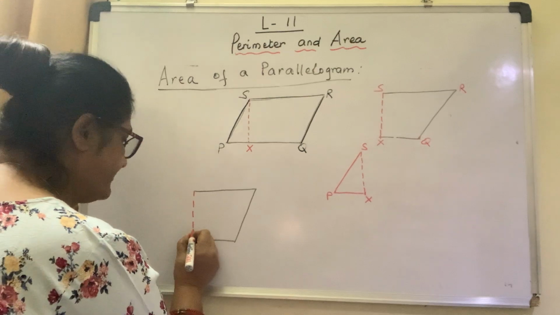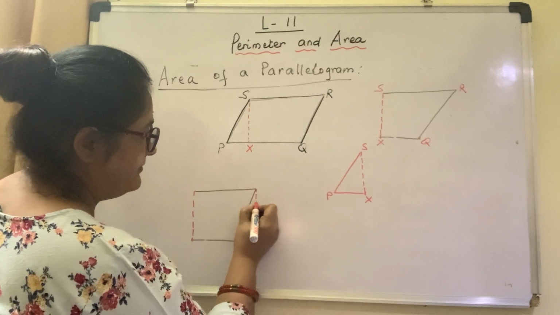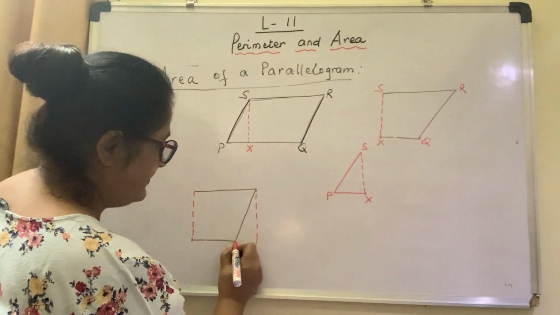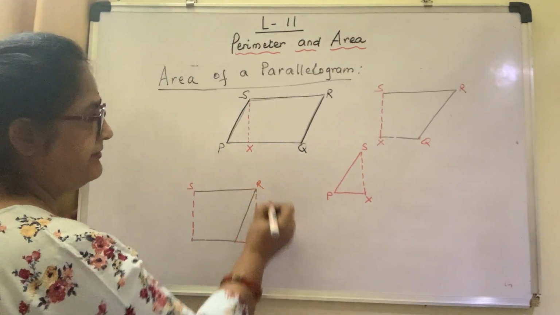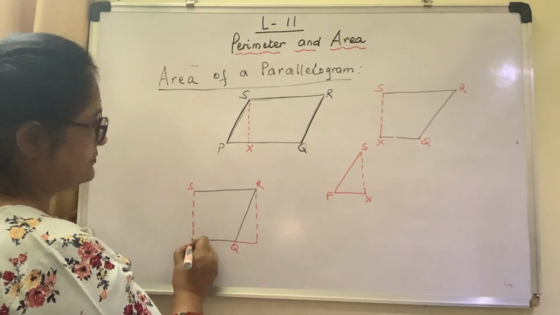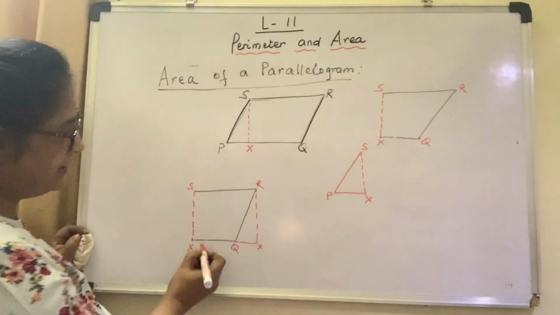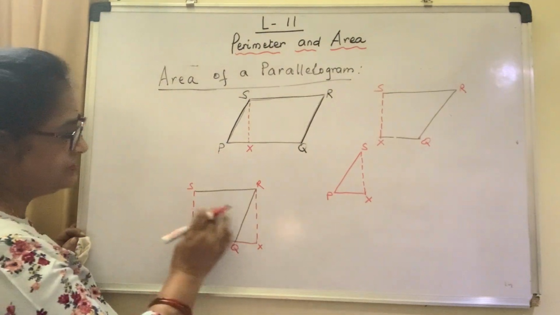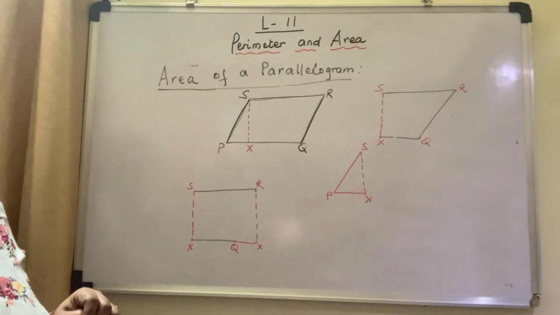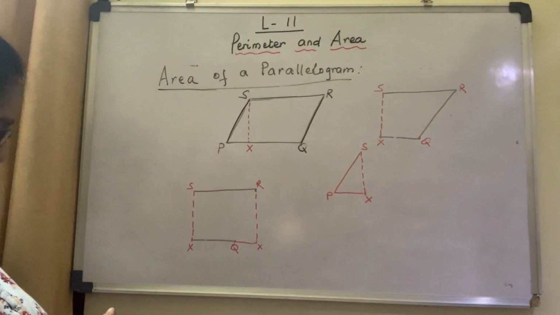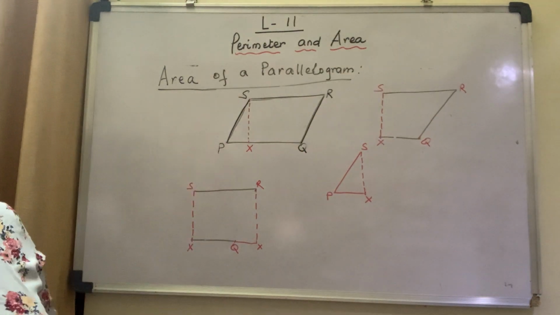A straight line. To this figure, I'm going to put this. So it comes this way and joins out here. This was S, this was R, this was Q, this was X. Now this X has come here also. So now if you look at the figure, what does it look like? If I don't have this line, the figure looks like a rectangle.